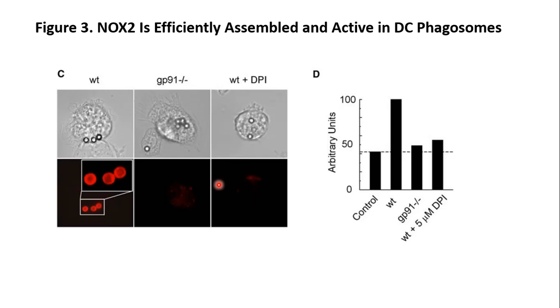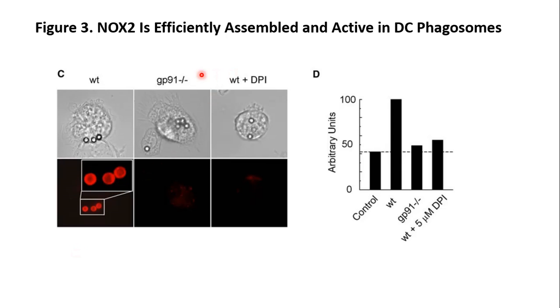To address the possible generation of ROS specifically in phagosomes, they covalently linked dihydrorhodamine 123, a dye that only emits fluorescence under oxidative conditions, to latex beads. In figure 3C, we can see the fluorescence microscopy, and in 3D, we can see the FACS analysis. DHR coated beads become fluorescent after phagocytosis, showing the production of ROS in DC phagosomes.